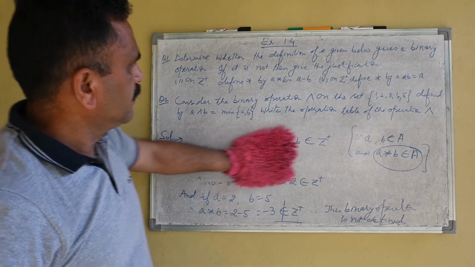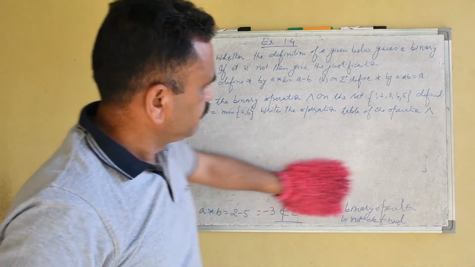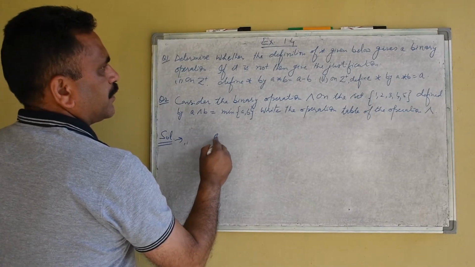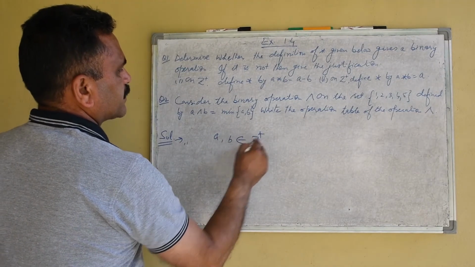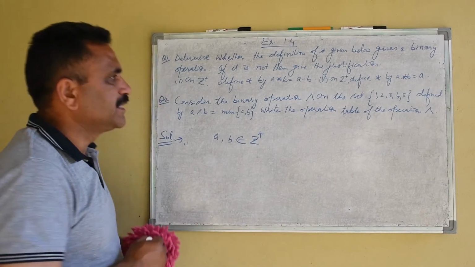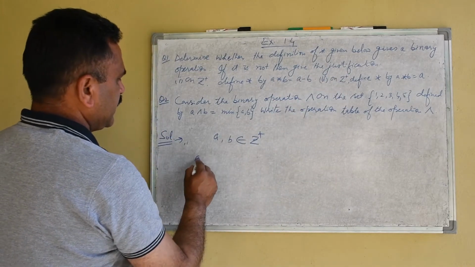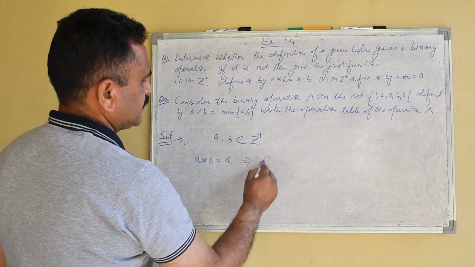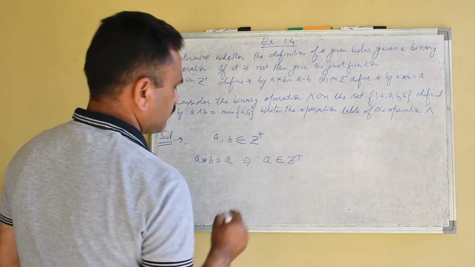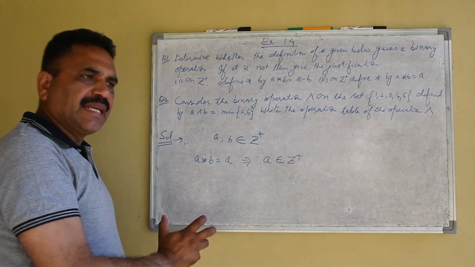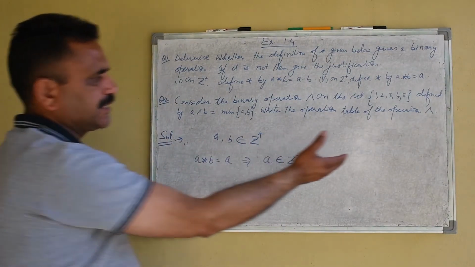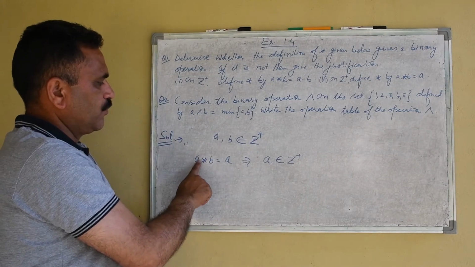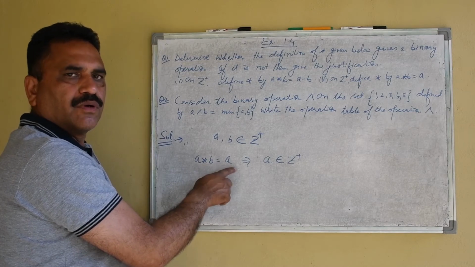Now we'll see the fifth part of this problem. a, b belong to Z plus. That means a and b both are positive integers. Now see, a star b is equal to a. This implies a belongs to Z plus. We can take any element in such a way. Suppose, as earlier, we take a as 4 and b as 1. Then the result is 4.